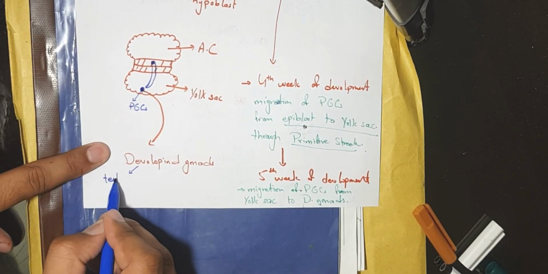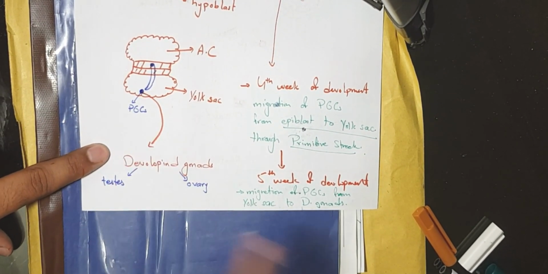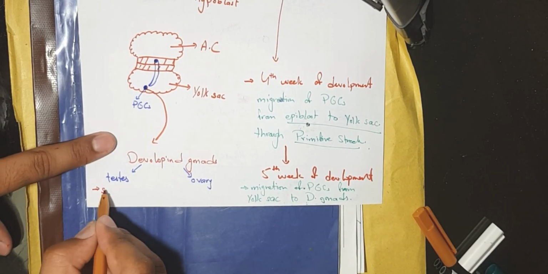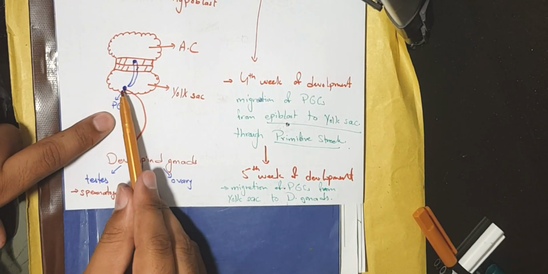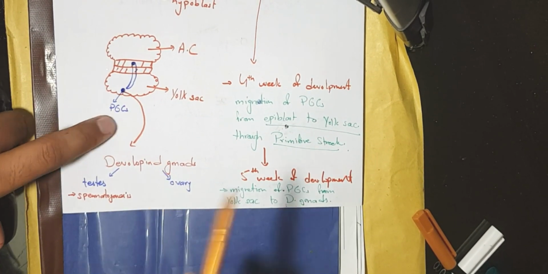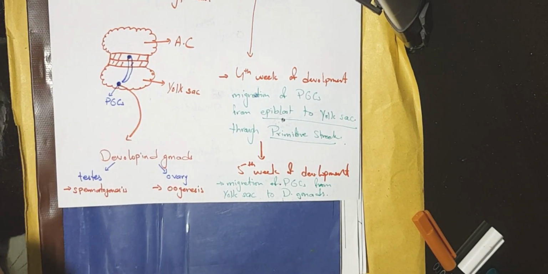As you know, developing gonads are of two types depending upon the gender. In males, these primordial germ cells will migrate to the testes, and if the embryo is female, they will migrate towards the ovary.